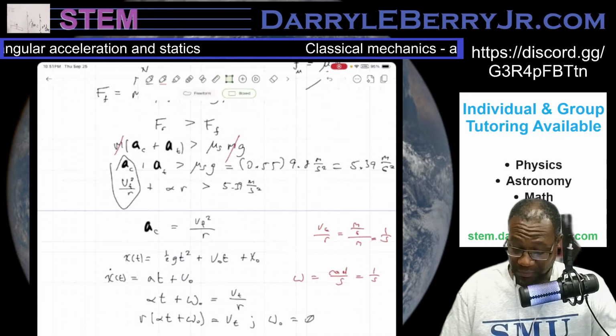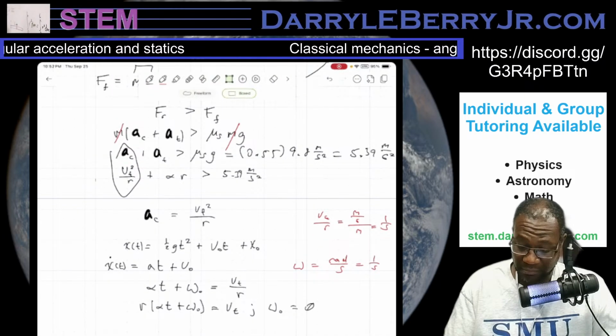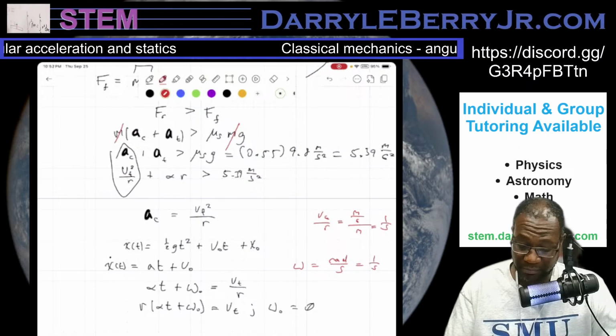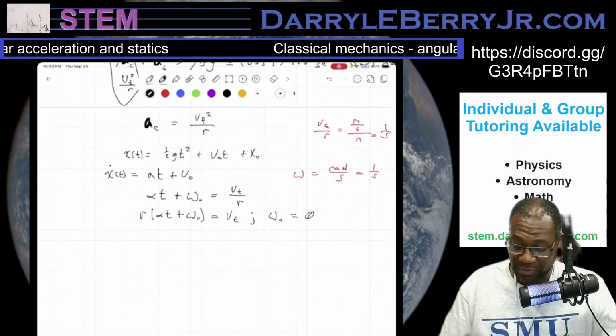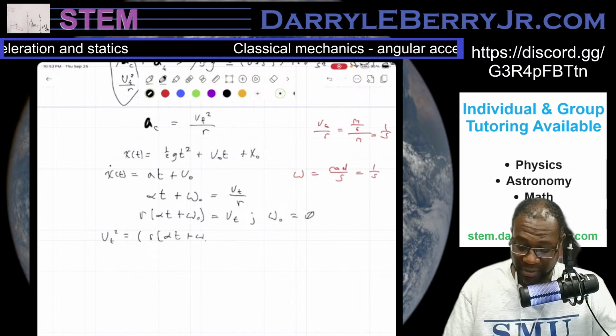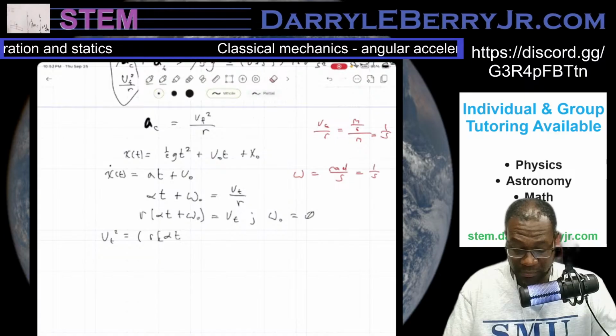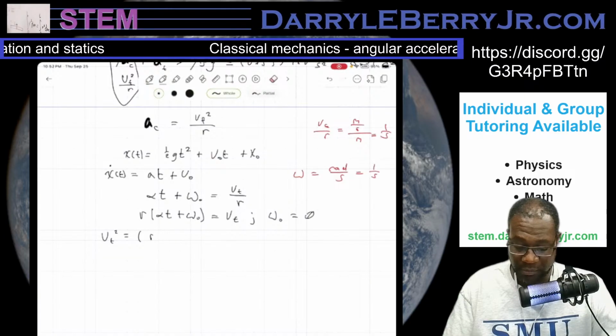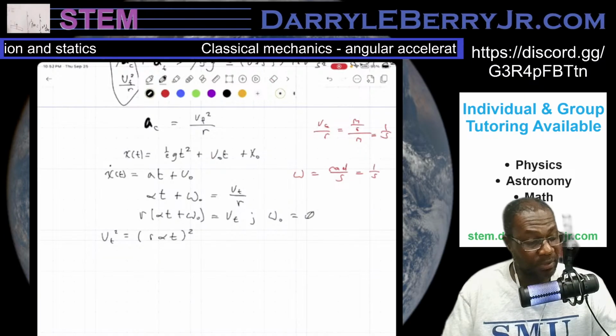So now going back to our equation, we needed VT squared. So if I do VT squared, it's going to be R alpha T plus omega. Oh, I forgot omega naught is 0. R omega T squared.